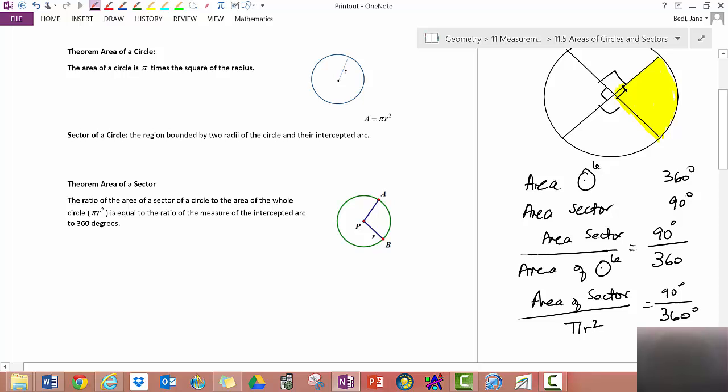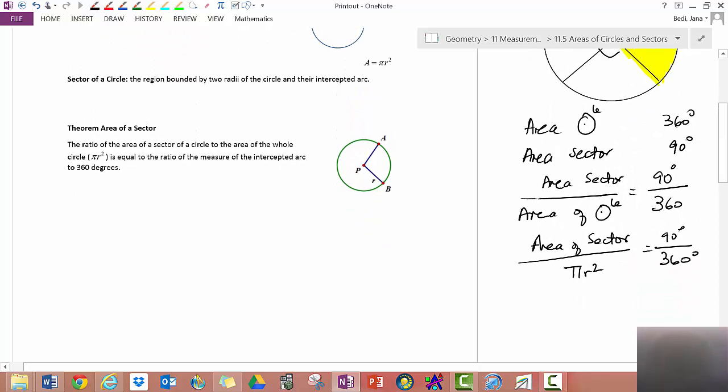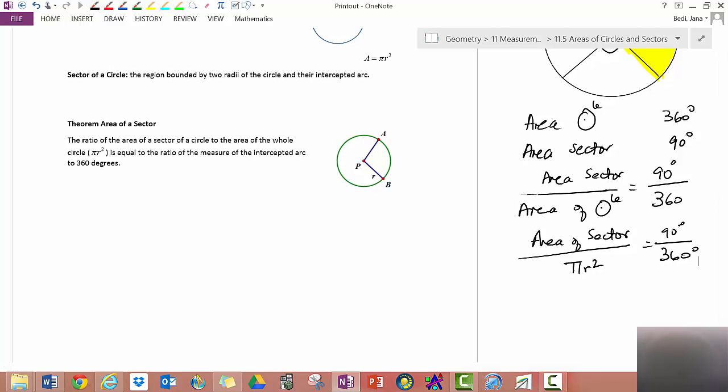Now what if you were not such a perfect cutter and you were haphazardly cutting slices because you only had a plastic knife? In that case you might have an angle which you don't know here, and we'll call that x, which is the same as the measure of arc AB.